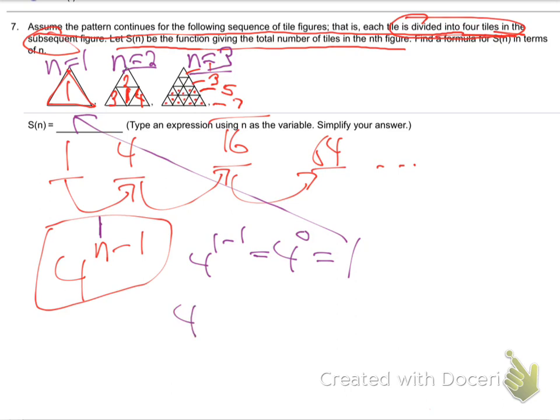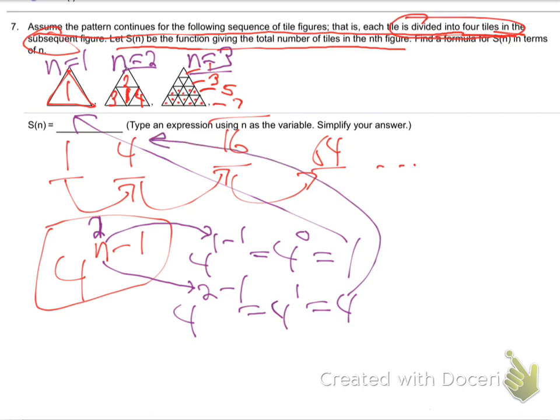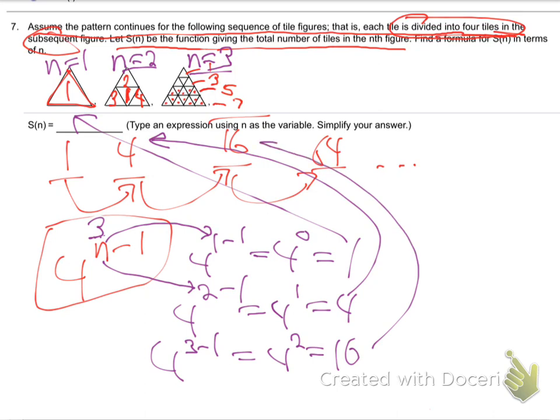Plug in 2, you get 4 to the 2 minus 1, 4 to the 1, 4. That's right, that's the next one. Now plug in 3, get 4 to the 3 minus 1, 4 squared, 16. See, it just keeps multiplying by 4. So the formula is 4 to the n minus 1. That's kind of tricky.